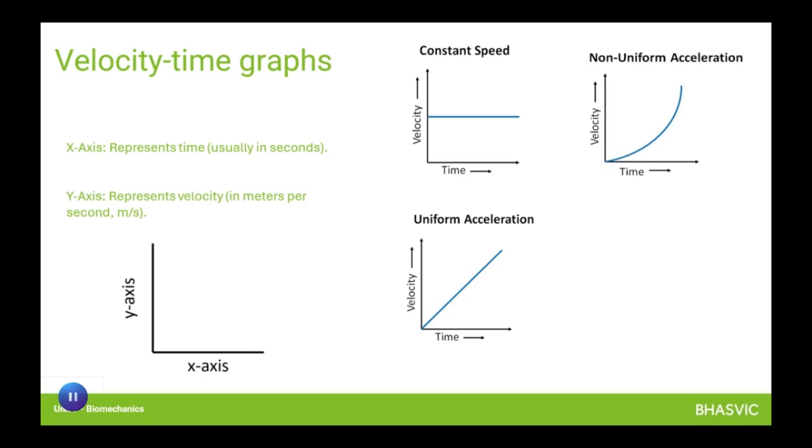A steep upward slope indicates acceleration, meaning the object is speeding up. A downward slope indicates deceleration, meaning the object is slowing down. If the line crosses the x-axis, becoming negative, it indicates a change in direction. For example, an object reversing direction.